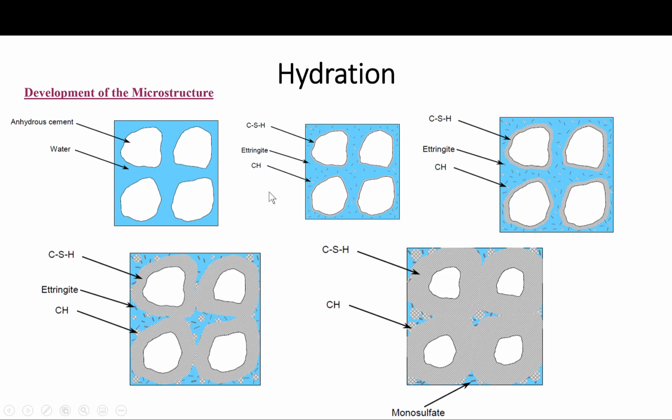A few hours later, large prismatic crystals of calcium hydroxide and very small fibrous crystals of calcium silicate hydrates begin to fill the empty space formerly occupied by water and the dissolving cement particles. As you can see here, this is the calcium silicate hydrate. These are the ettringite needles, calcium hydroxide, and as you can see here, the hydration product, the calcium silicate hydrates, grows around the grains of the cement.